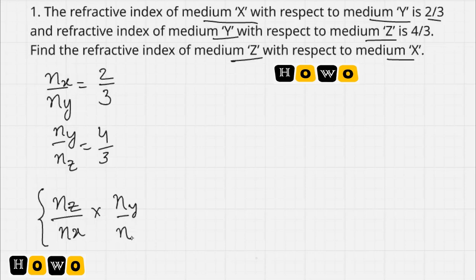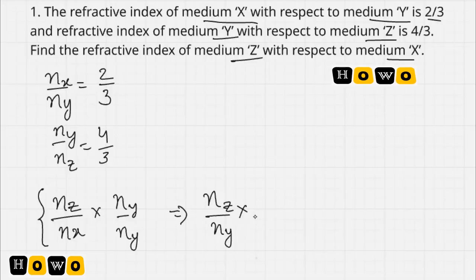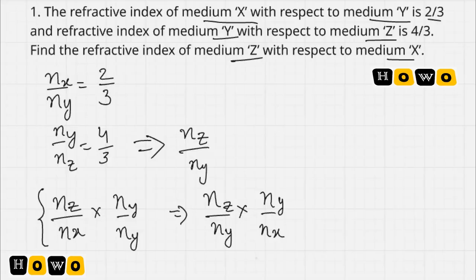Let us multiply as well as divide both refractive index of Z and X with refractive index of Y. On rearranging, we will get the refractive index of Z upon refractive index of Y multiplied by refractive index of Y upon refractive index of X. Now we need the values of refractive index of Z upon Y. We have the value of refractive index of Y upon Z. So I can invert this and write it as refractive index of Z upon refractive index of Y is equal to 3 by 4.